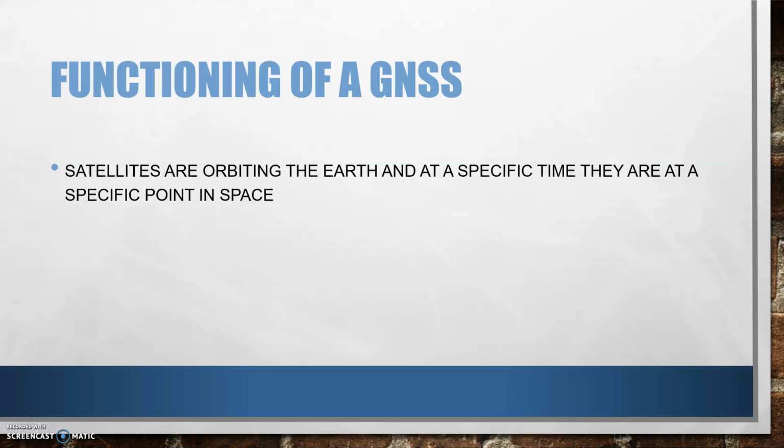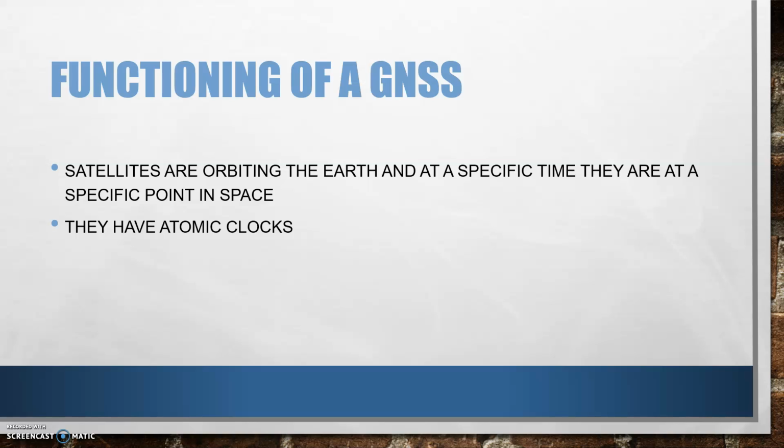So moving further, every single satellite has an atomic clock, and there is a very big reason why they use an atomic clock, because they all have to be precise.